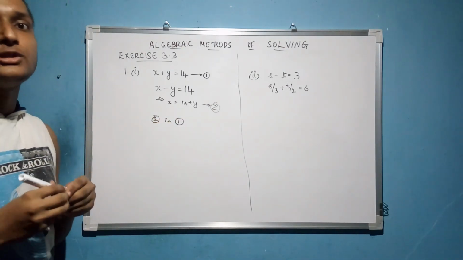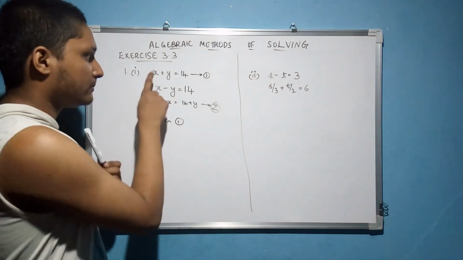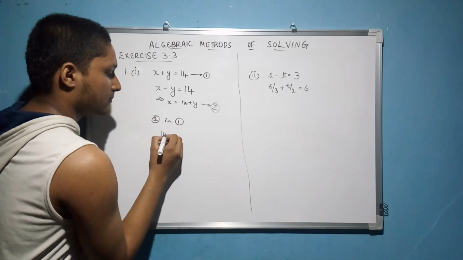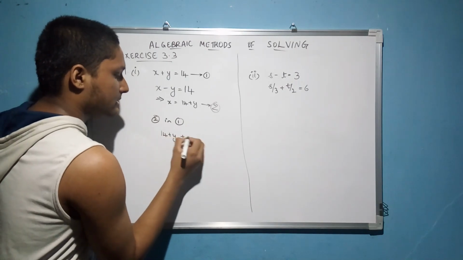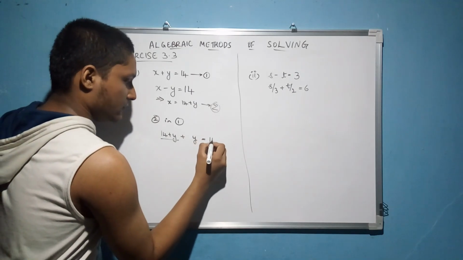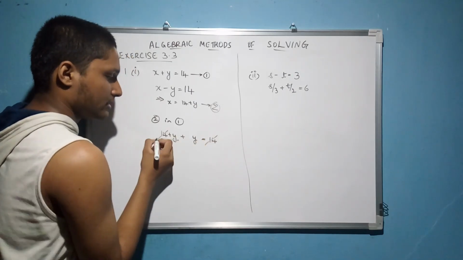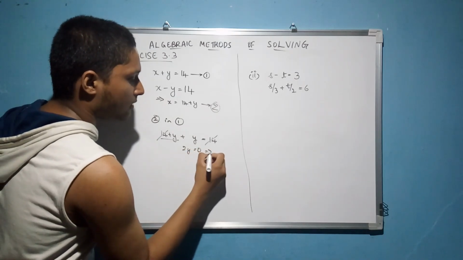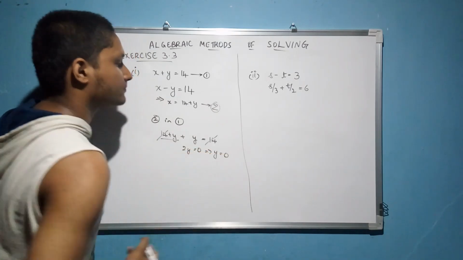For substitution I need to put 2 in 1. Substituting equation 2 in equation 1, in place of x you are going to get 14 plus y, plus y, is equal to 14. The 14 and 14 are going to get cancelled. So you have 2y is equal to 0, or y is equal to 0.